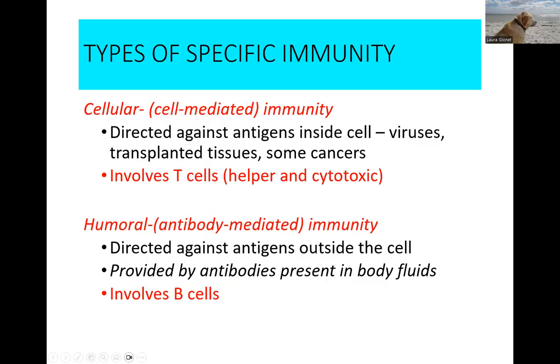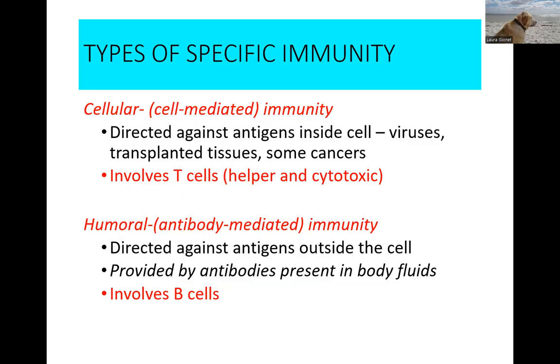All right, so cellular, cell-mediated immunity is directed against antigens inside a cell, technically. Viruses, transplanted tissues, some cancers. It involves T cells, specifically helper cells and cytotoxic cells. Helper cells help initiate this entire specific process. We'll come back to that in just a second.